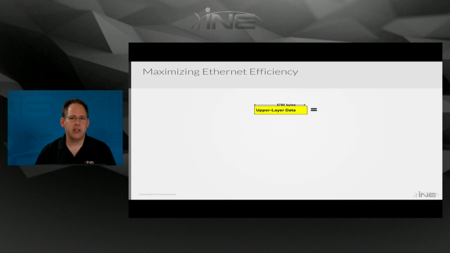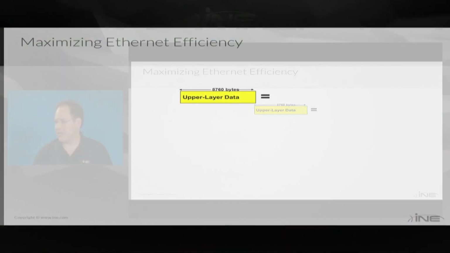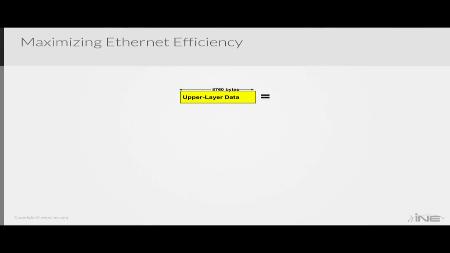Now, what if we had this scenario? My upper layer data has sent down to TCP, let's say, 8,760 bytes of data. So what would TCP do with that? There is some interaction between layer 2, layer 3, and layer 4 where TCP at layer 4 will recognize, I can't put this into a single TCP segment because it'll be too large for the Ethernet frame.